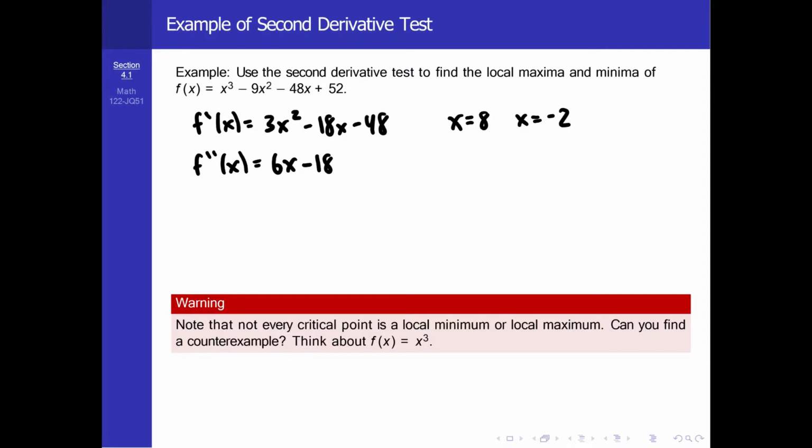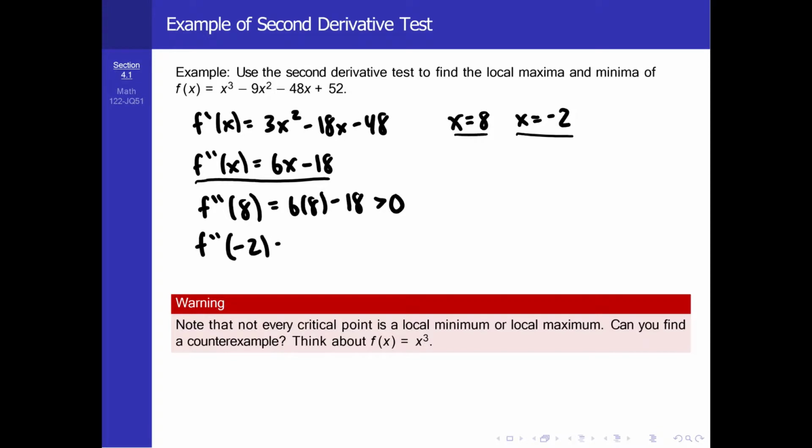And now we can use the second derivative test to determine whether these points are local minimums or local maximums. So we'll take those points and plug them into the second derivative. When I take x equals 8 and plug it in, I get something positive. And when I take x equals negative 2 and plug it in, I get something negative.